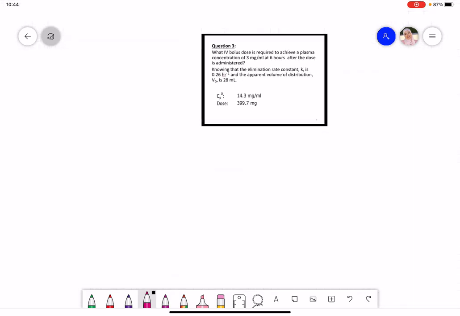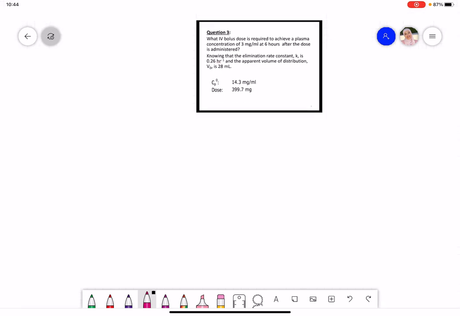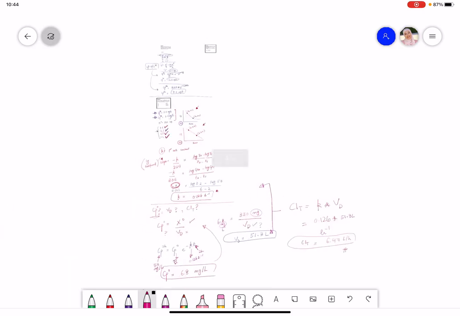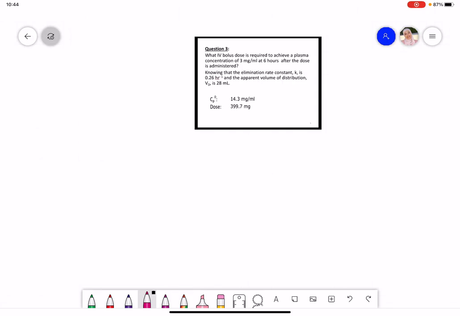It's the same kind of way, but I'm asking about different values. See, in this question, I'm asking about the dose required to achieve a certain plasma concentration. Okay, so CB that is given at 6 hours equals 3 milligram per milliliter, and the dose is what is needed.